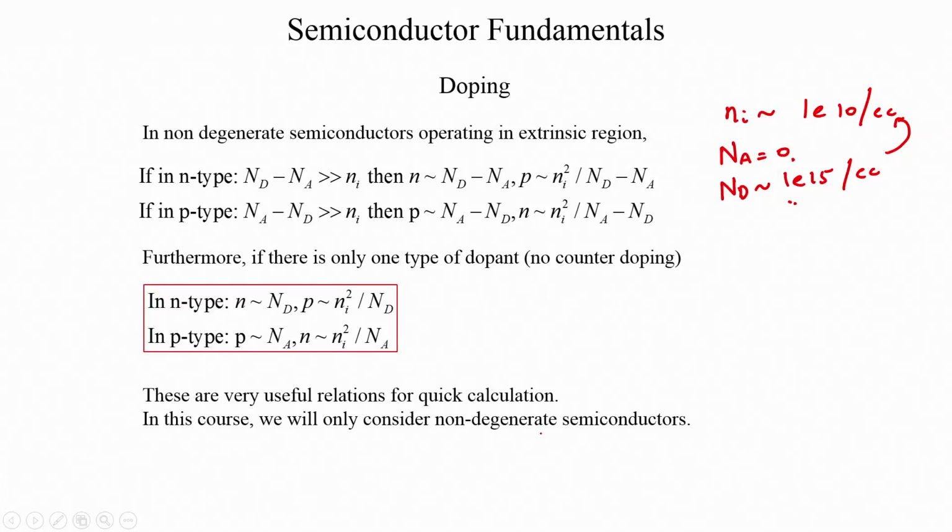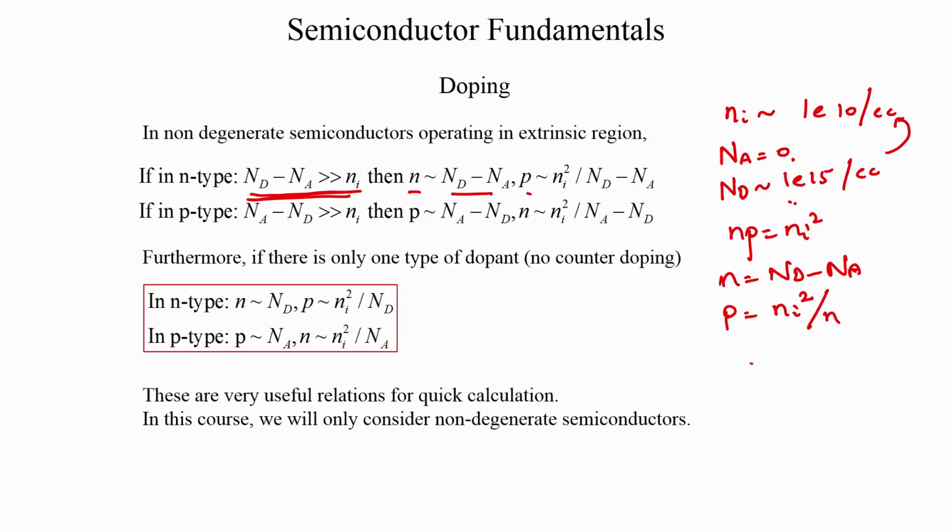So, that is the assumption we are making here. If in N type semiconductors Nd minus Na is much greater than ni, then n is approximately Nd minus Na, and p can be calculated from the mass action law. np is equal to ni square, n is equal to Nd minus Na, and therefore p is equal to ni square by n, which is ni square by Nd minus Na.